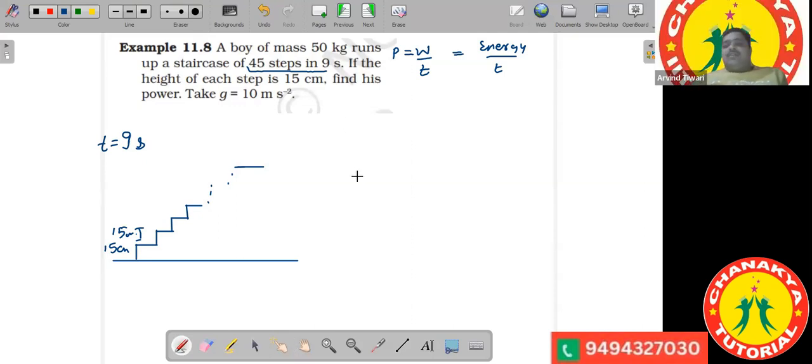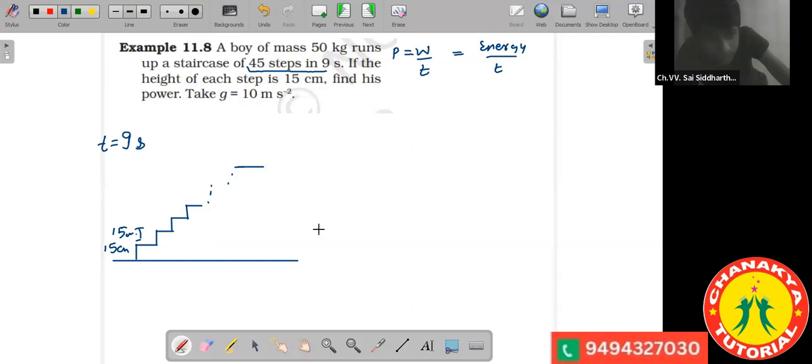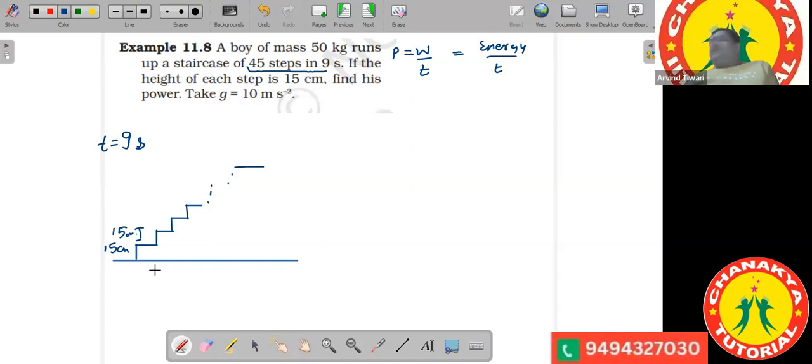Let's check how we are getting the answer and what the actual answer is. Siddharth, were you able to get the answer? No, sir. Okay. See, this will require a little bit of understanding.